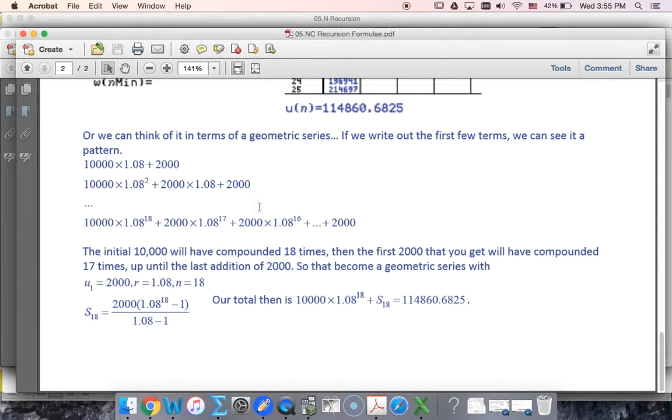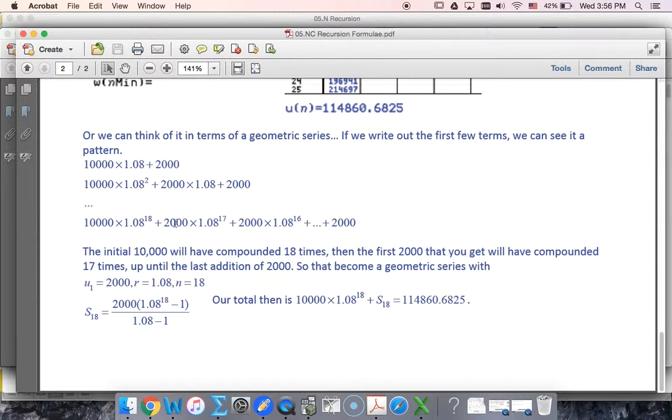By the time I hit my 18th year, that 10,000 would have been multiplied by 1.08 18 times. And then this first 2,000 would have been multiplied by 1.08 17 times, and so on down to 2,000. So this is just a constant.